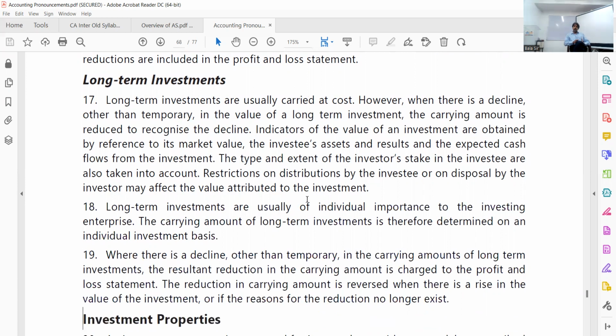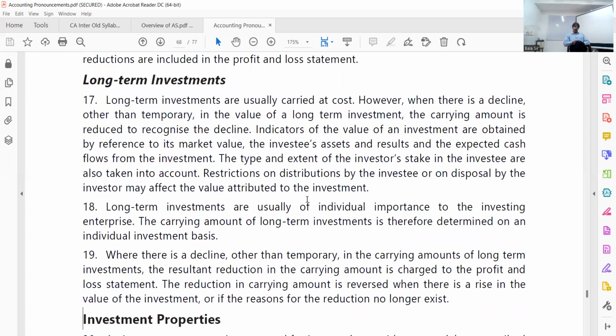Where there is a decline, other than temporary, in the carrying amounts of long-term investments, the resultant reduction in the carrying amount, say 100 rupees has come down to 15 rupees in my example, is charged to the profit and loss statement. The entry is profit and loss account debit to investment. Or you can also say profit and loss account debit to provision for diminution in the value of investments.